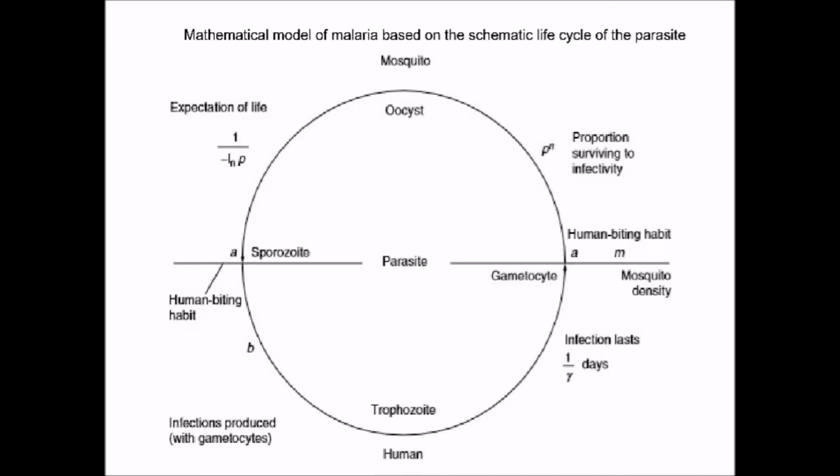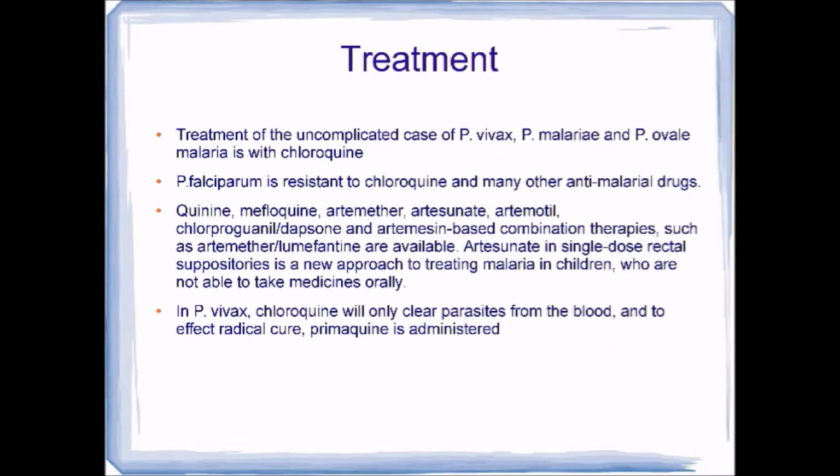slide. For treatment of malaria, chloroquine is used for an uncomplicated case of P. vivax, P. malariae and P. ovale malaria. P. falciparum is resistant to chloroquine and many other anti-malarial drugs, so individual countries will have their own treatment schedules depending on the resistance pattern and the drugs available.